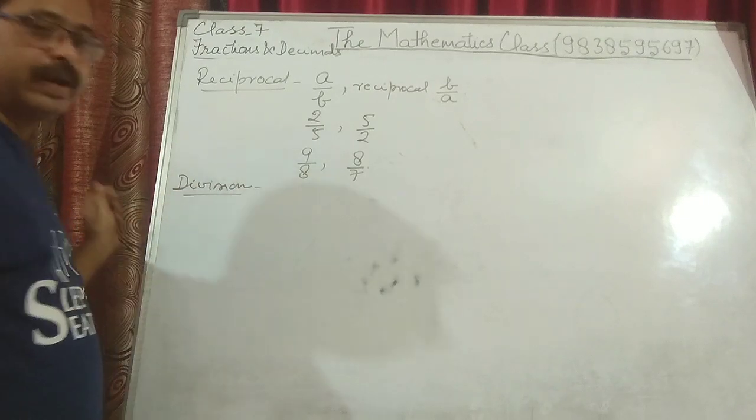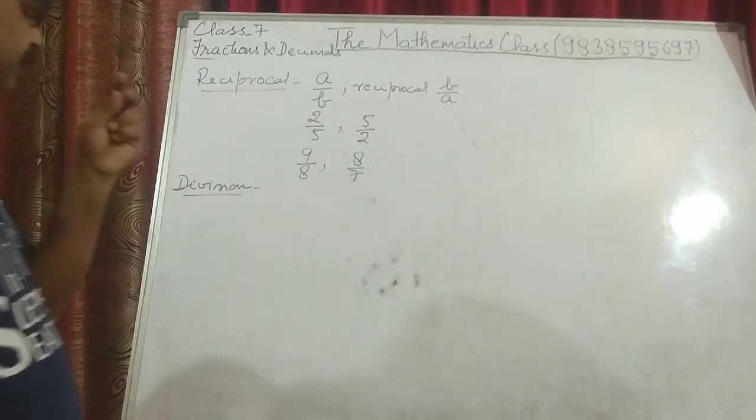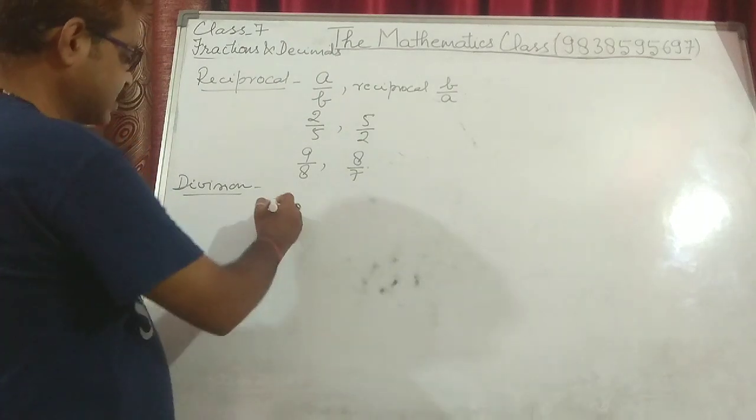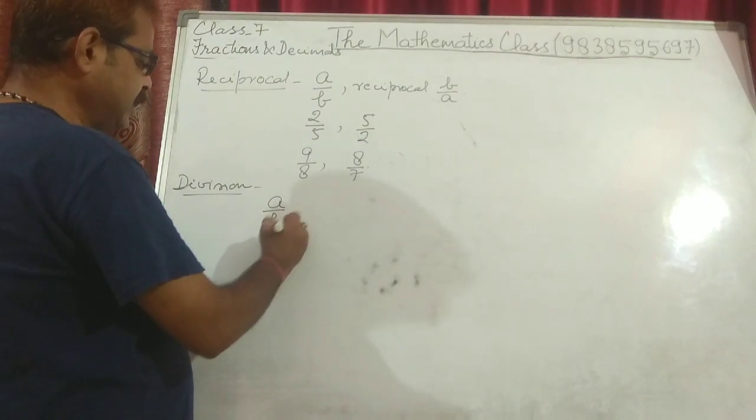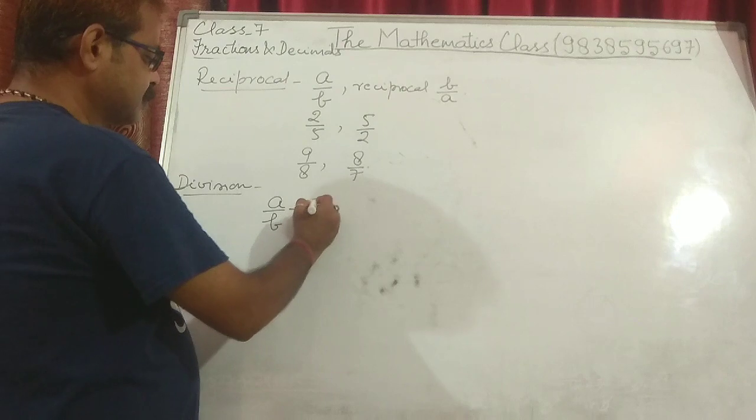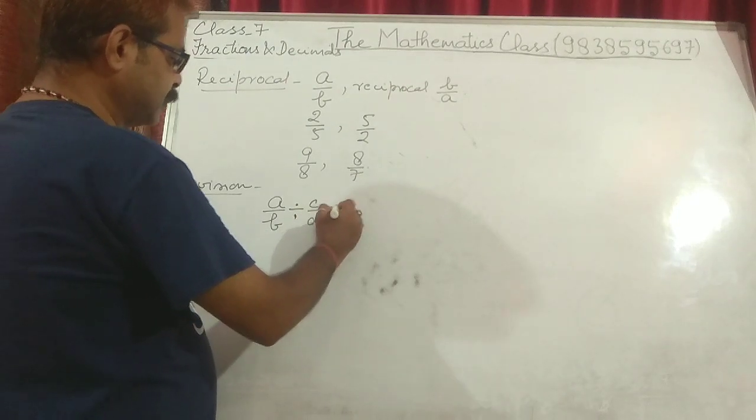Now we discuss division of fractions. When two fractions are divided, let us say a upon b divided by c upon d, what happens?